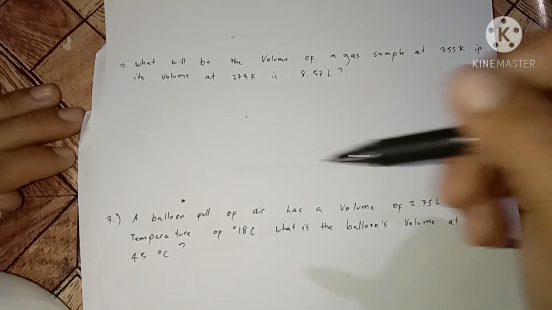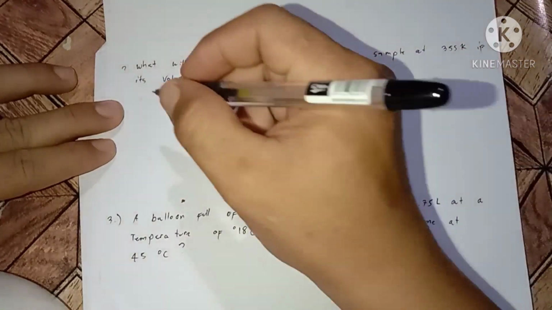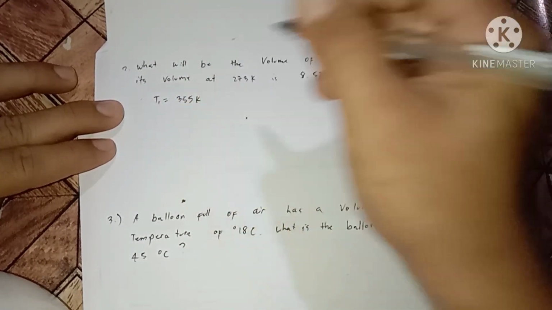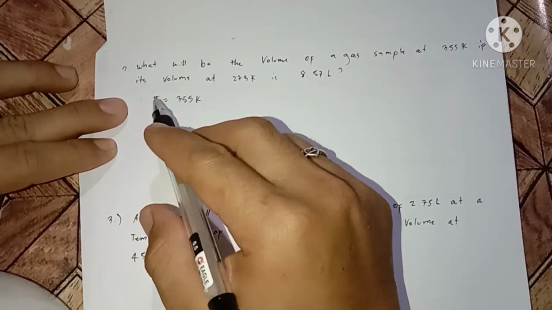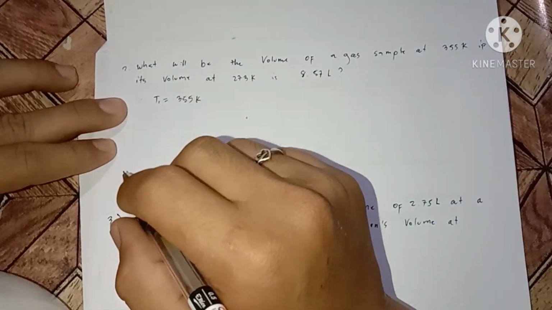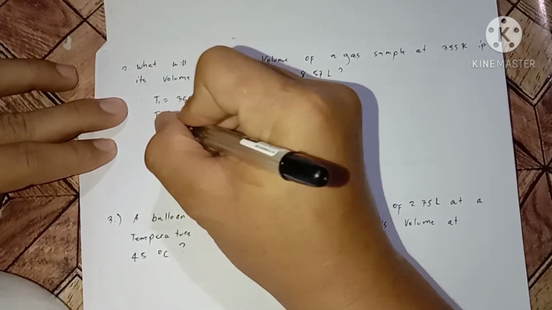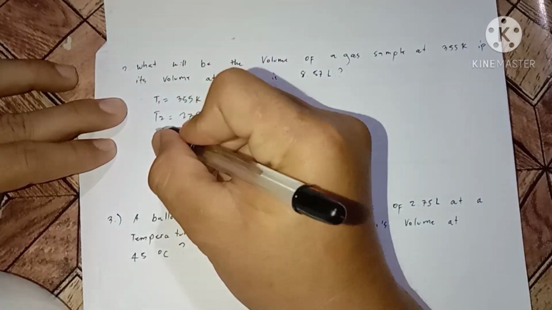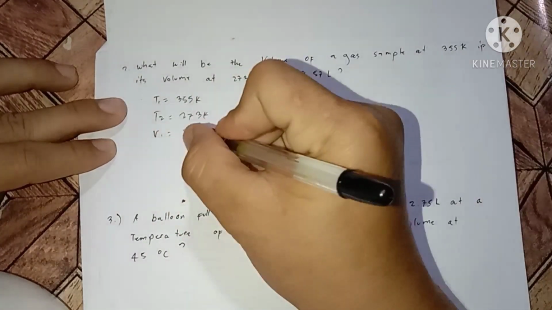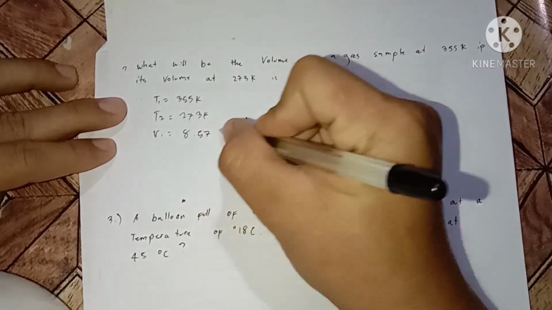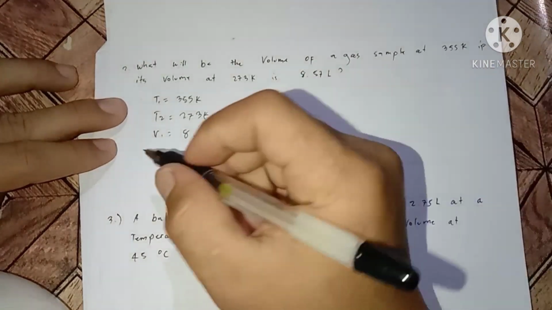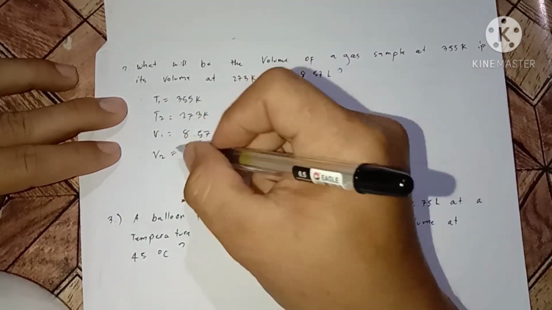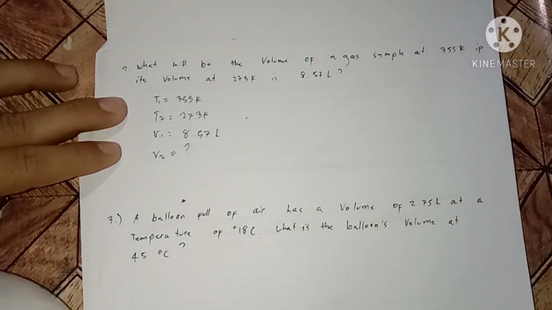Since the temperature 1 was given as 355 Kelvin, then its temperature 2 equals 273 Kelvin, then the value of V1 equals 8.57 liters. Then you need to find the V2, or volume 2. So the missing is volume 2.